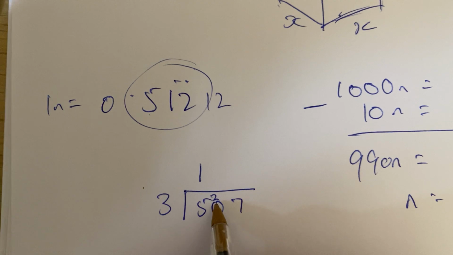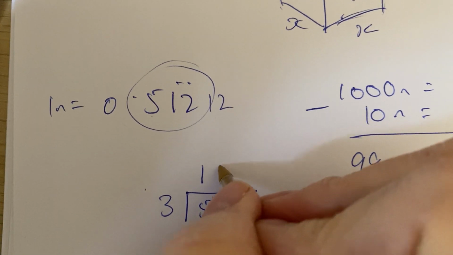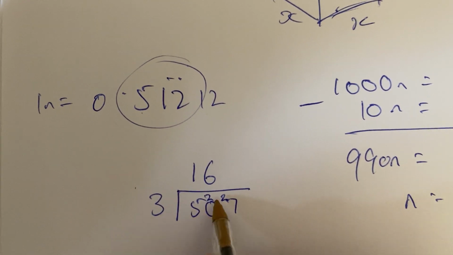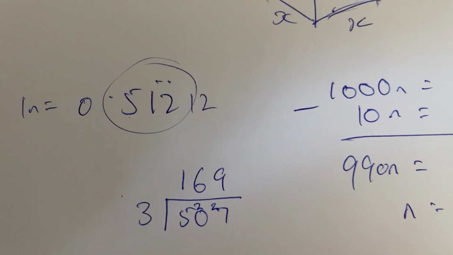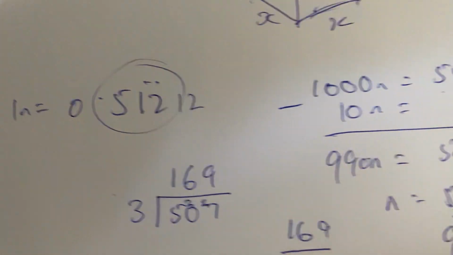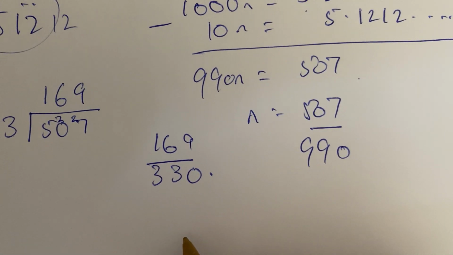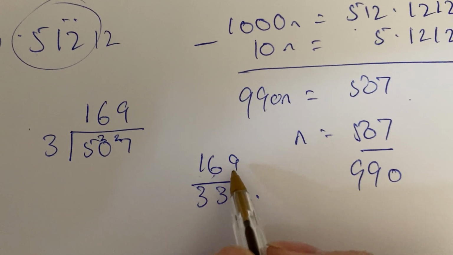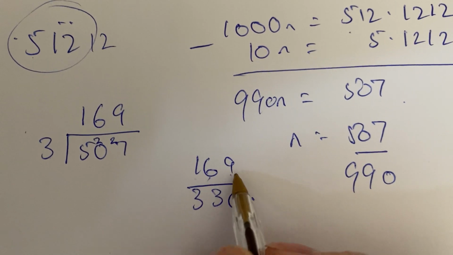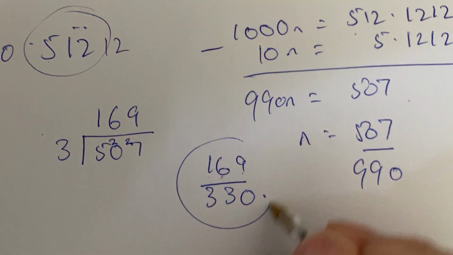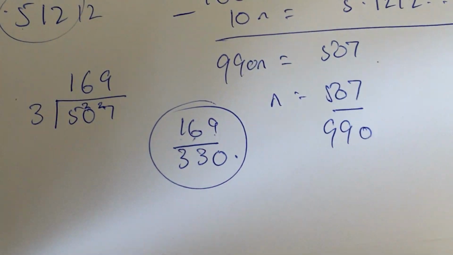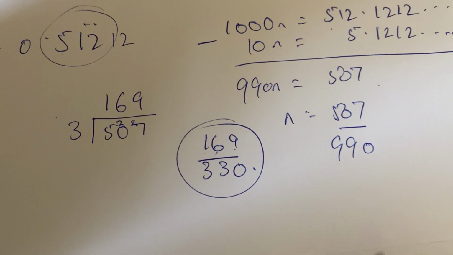So once, twice, 3 6s are 18. And then 3 9s. So there you go, 169. How many 3s in 9? 3, 3, 0. Okay, 1 plus 6, 7 plus that is 16. 3 doesn't go into that. So I think I'm pretty happy with that being in its simplest form.